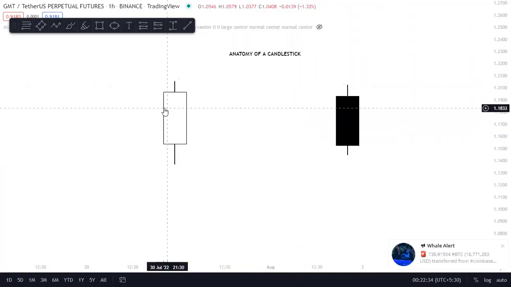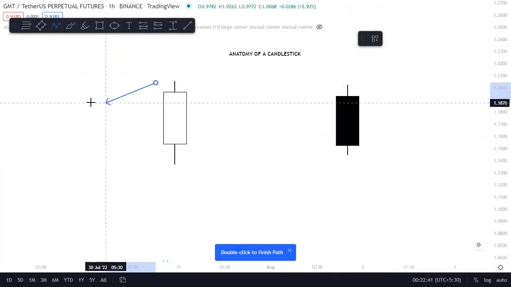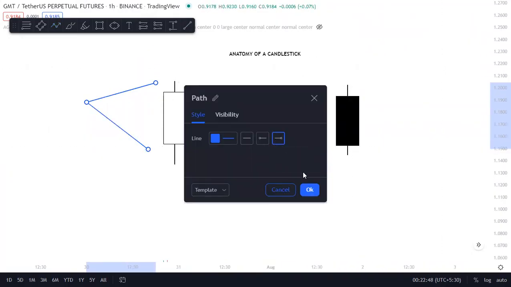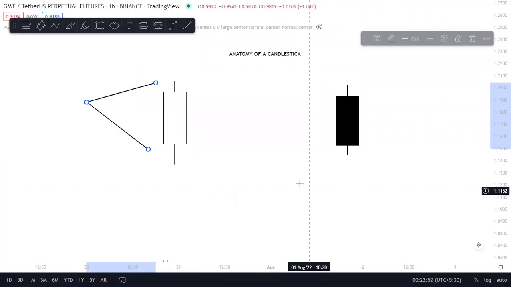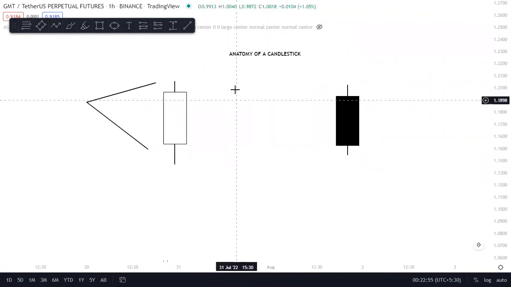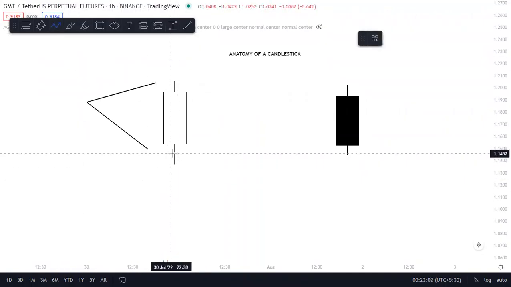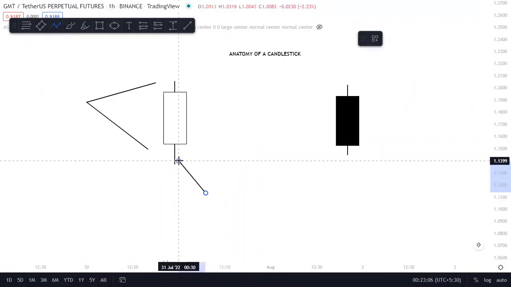So in a candlestick, this is a bullish candlestick. And in this candlestick here, we call this thing a wick or a shadow. You see this line here? You can choose to call it a wick or a shadow.